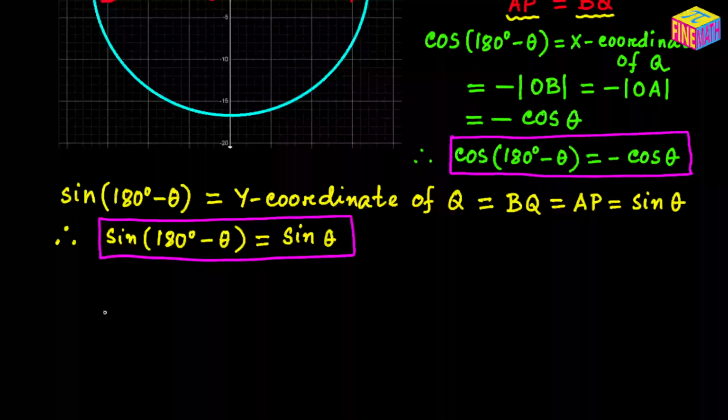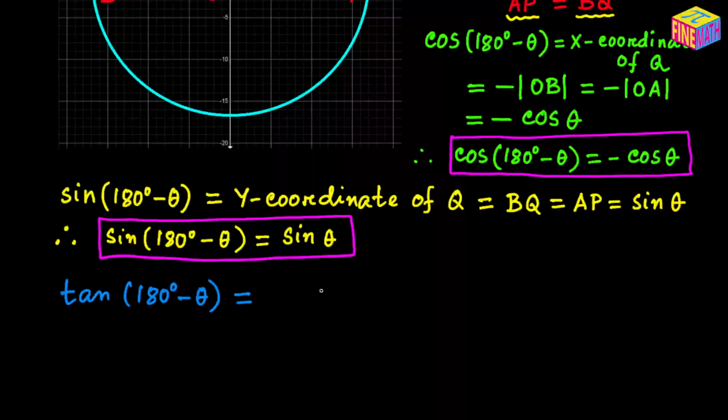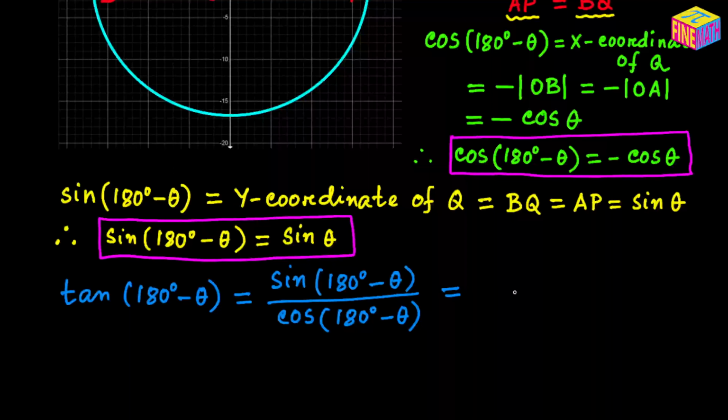Now let's calculate the value of tangent of 180 degrees minus theta. We know that tangent is the ratio of sine over cosine. So we can write it as sine of 180 degrees minus theta divided by cosine of 180 degrees minus theta. Now what is the value of sine of 180 degrees minus theta in terms of the theta angle? Well, that is actually equal to sine of theta, that we have already calculated up above.